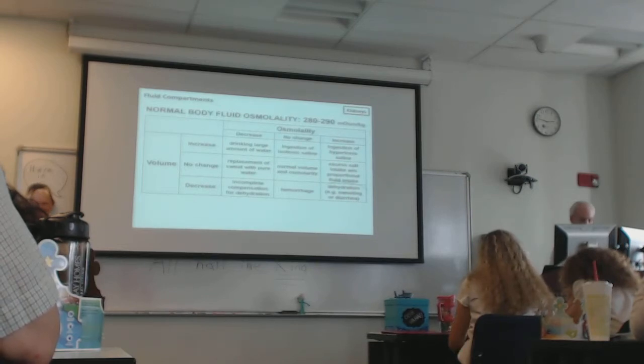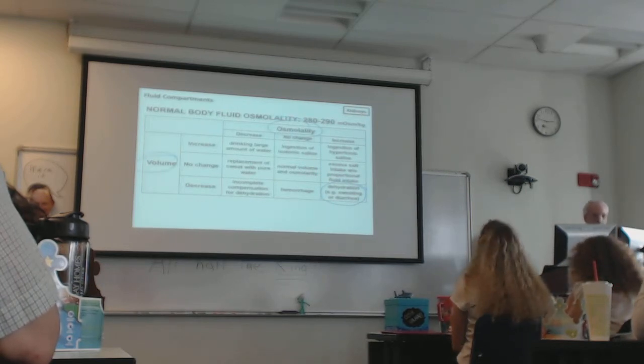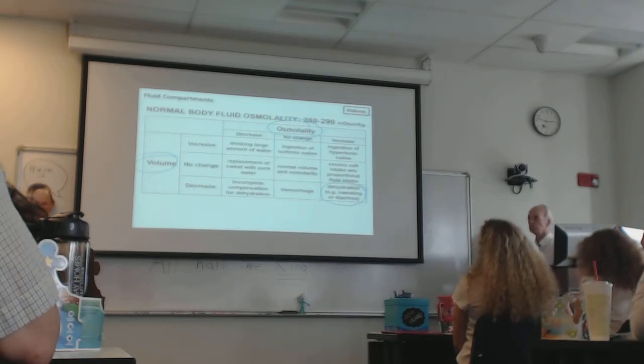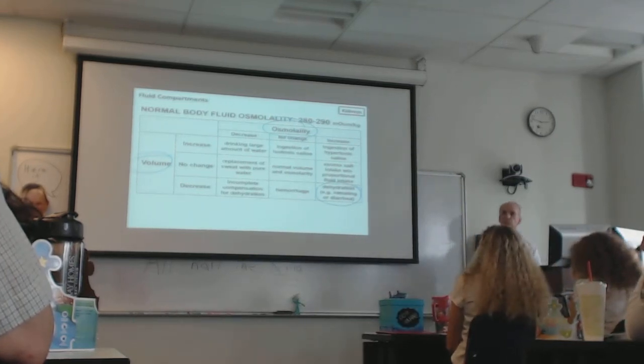Somebody explain to me how simple profuse perspiration would increase osmolality but reduce TBW. Anybody want to give it a go?